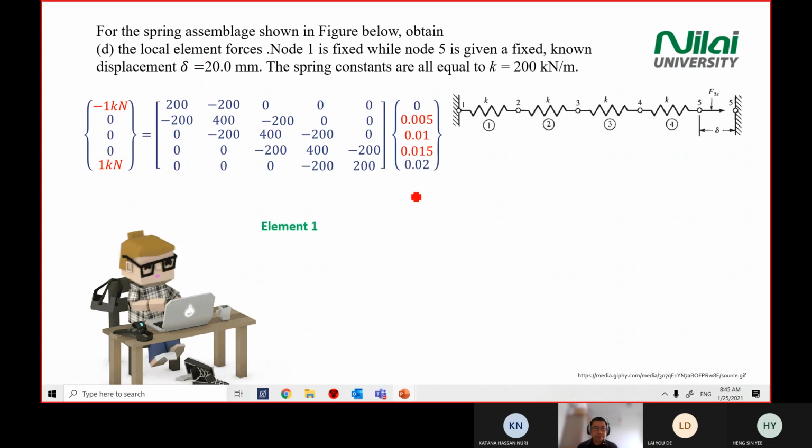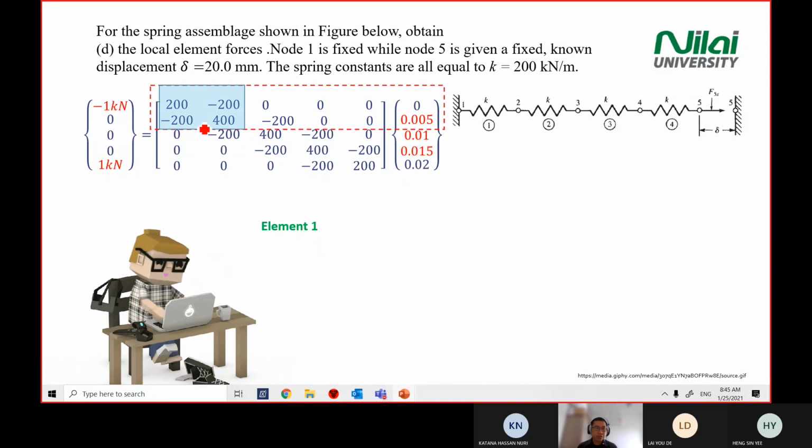So you look at element 1. We take out element 1. So you look at the matrix, you look for element 1. Element 1 gives you only 2 points, point 1 and point 2. In the matrix here, the one that represents element 1 is the one that I highlight on the screen here.